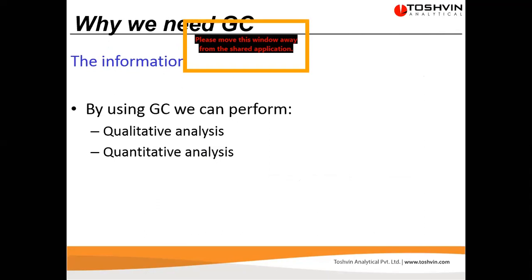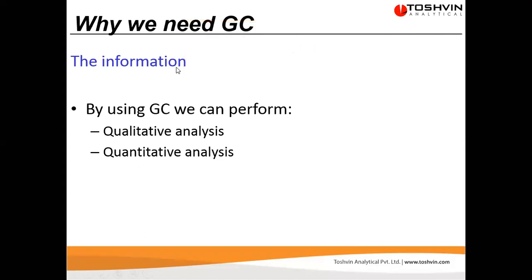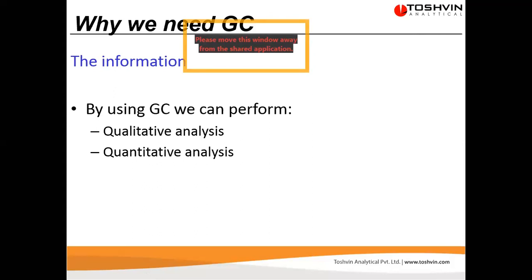Qualitative analysis, again in simple terms, is what is present in my sample. And quantitative analysis is how much of it is present. It will give you some value for the content of whatever you're looking for in your sample. Both things we can do.